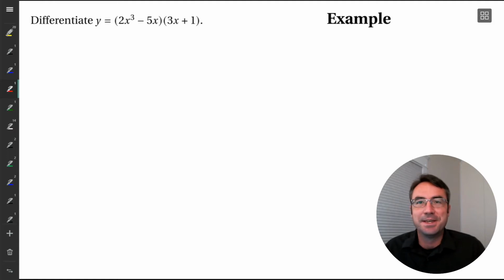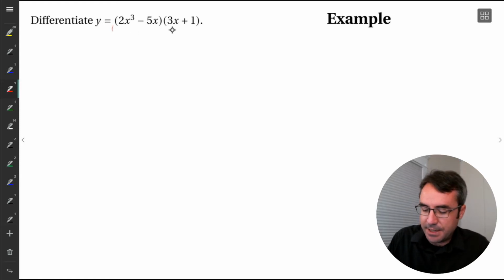All right, welcome back. So example 1, we're going to see how to differentiate the function y equal to 2x cubed minus 5x times 3x plus 1. The first thing we want to do when presented with a function like this is to identify the main operation that's going on here.